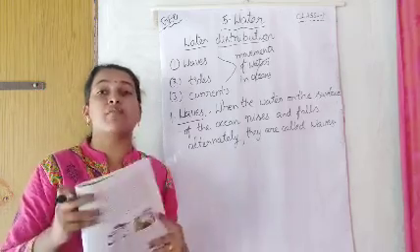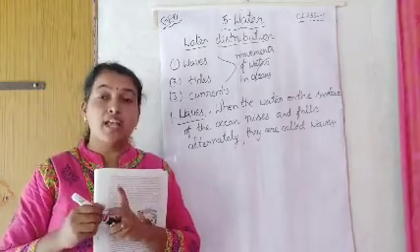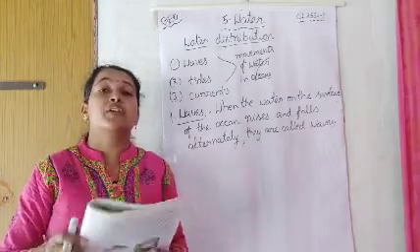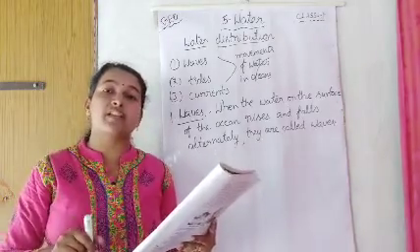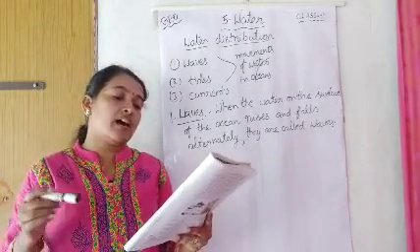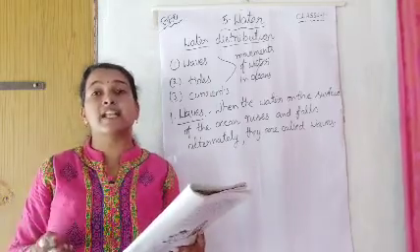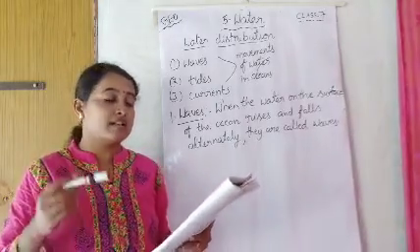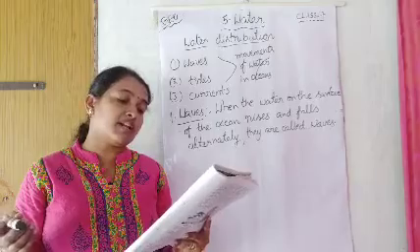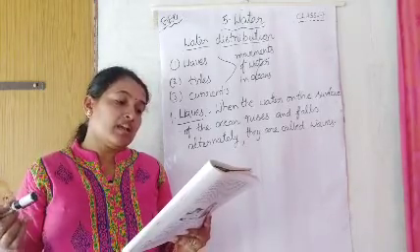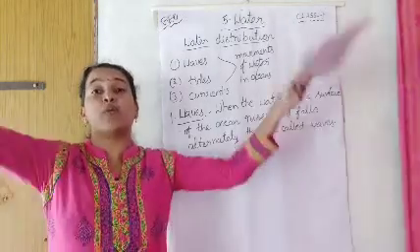An earthquake, a volcanic eruption, or underwater landslides can shift large amounts of ocean water. So if an earthquake occurs or underwater landslides happen, it can shift large amounts of ocean water.